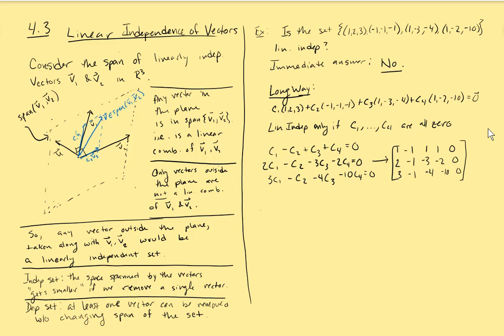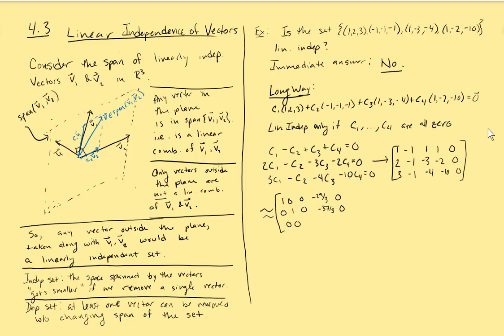And when I reduce this down, I get this result. 1 0 0 negative 29 thirds, 0. 0 1 0 negative 37 thirds, 0.